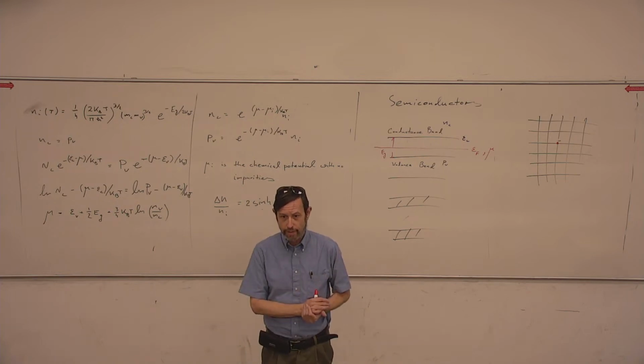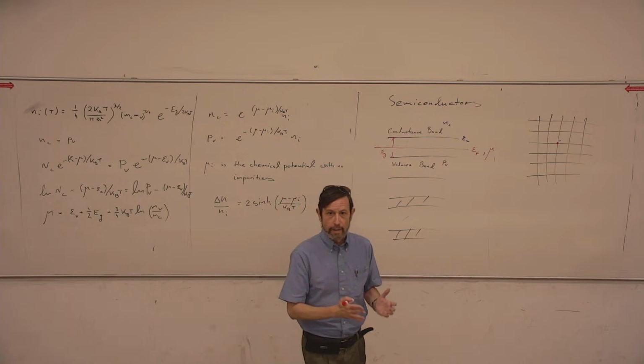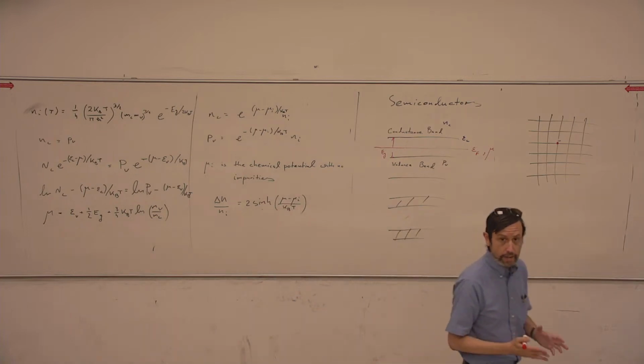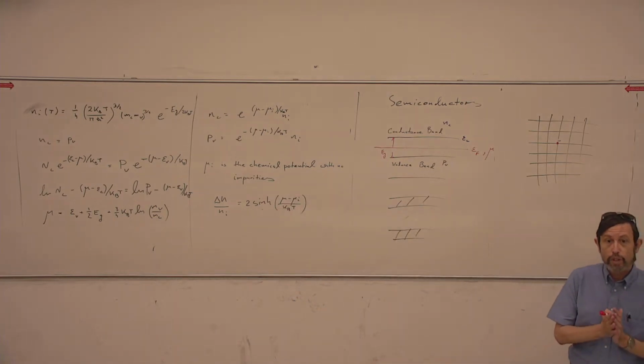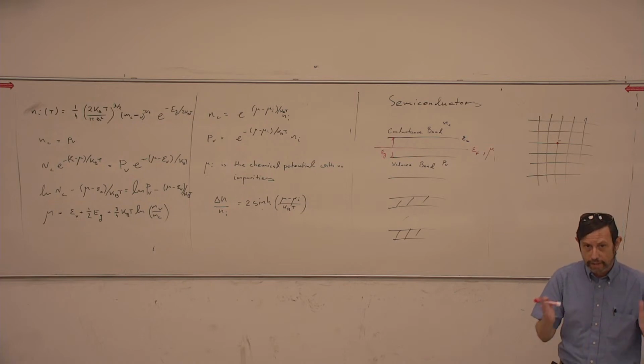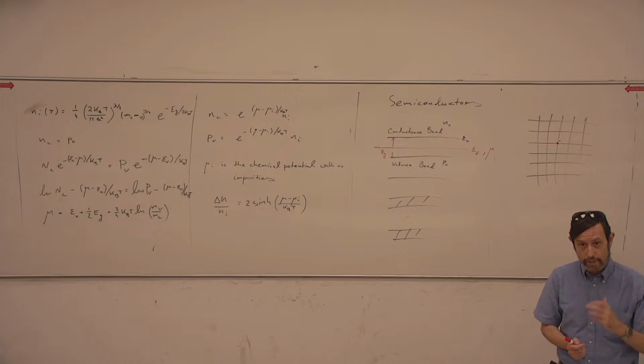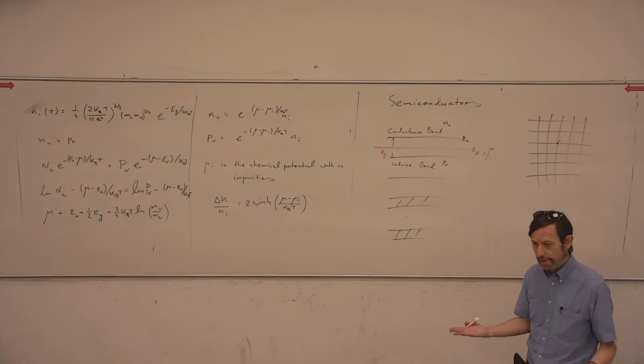Same thing here. We have here a dielectric constant which is different than the dielectric constant of the vacuum. And second, what you said, the mass of the electron is not the mass of a free electron.